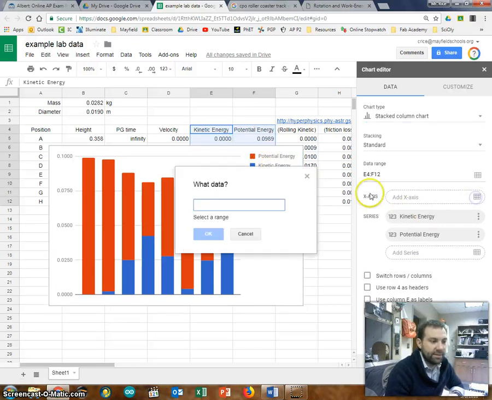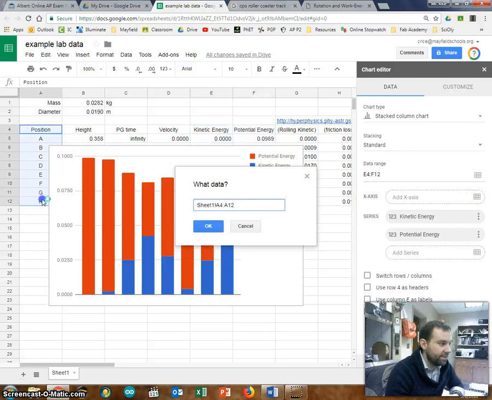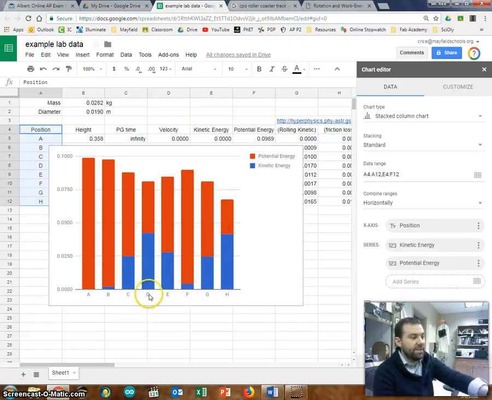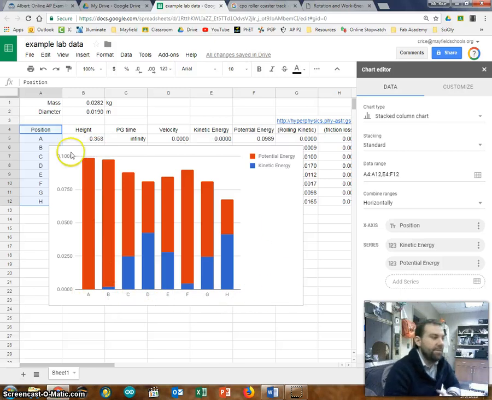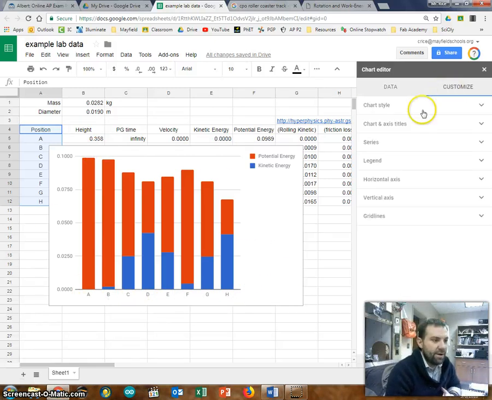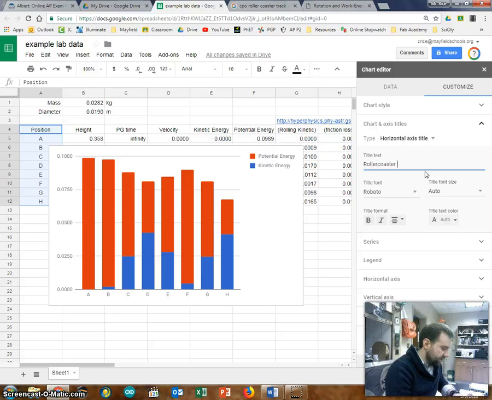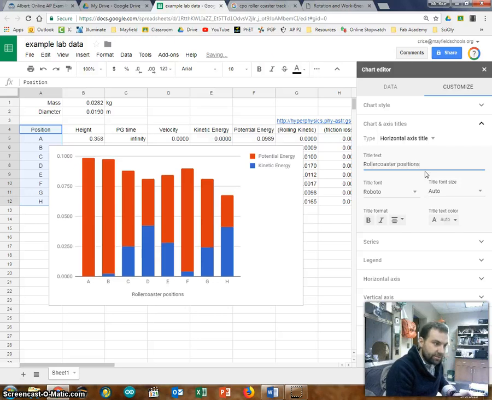And then my x-axis is also important. I want to get my positions as my x-axis. So you can see now that it's listed as A, B, C, D, E, F, G, and H across the bottom. I've got my graph here. All I need to do is make some of my titles. So for the horizontal axis title, this would be roller coaster positions.